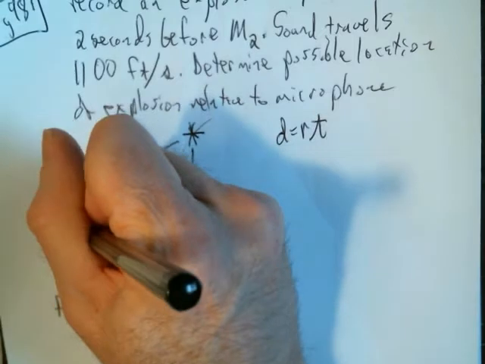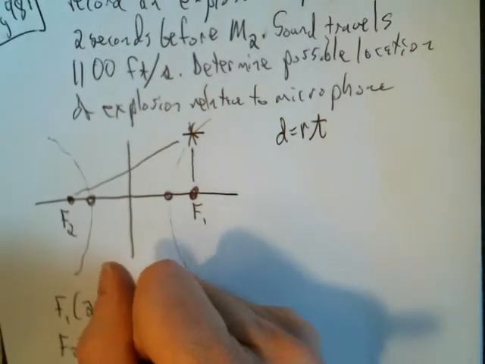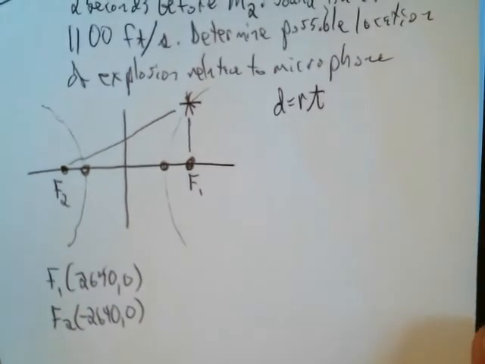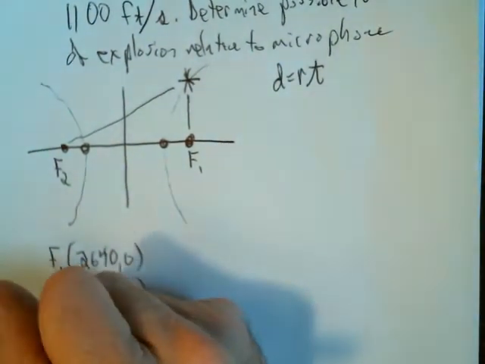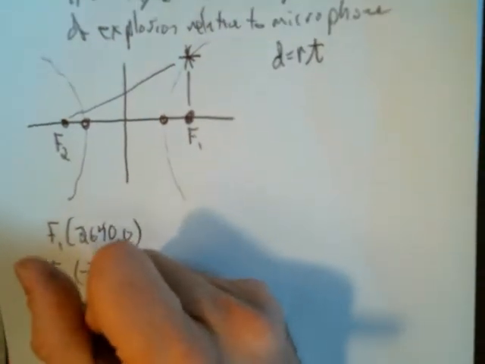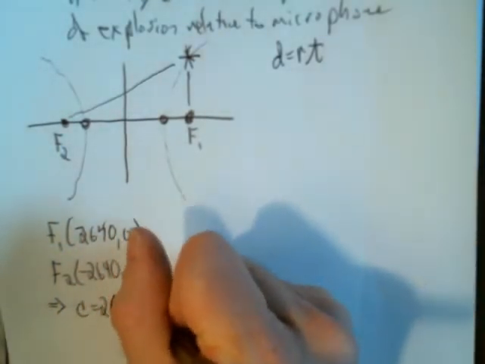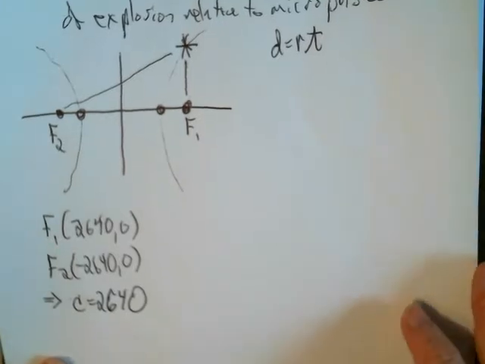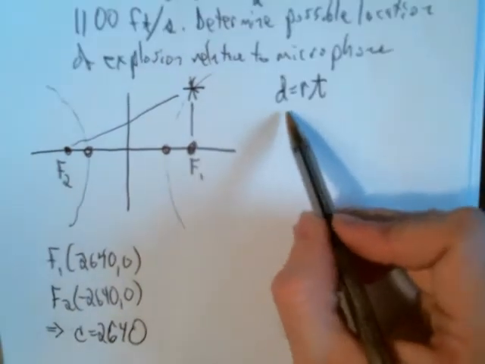And then the location of this foci is (-2640, 0). This tells us that the c value that we need for our formula is 2640.